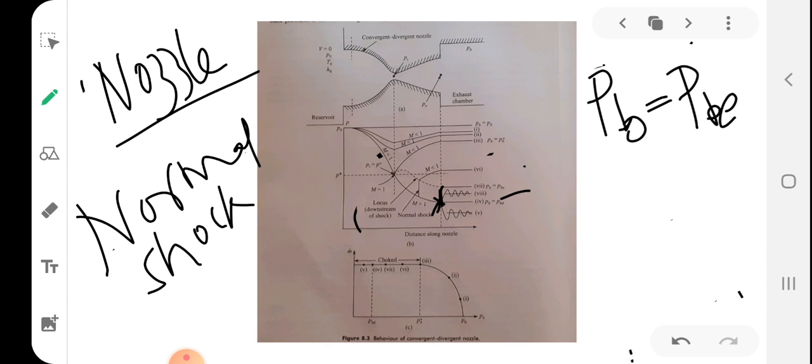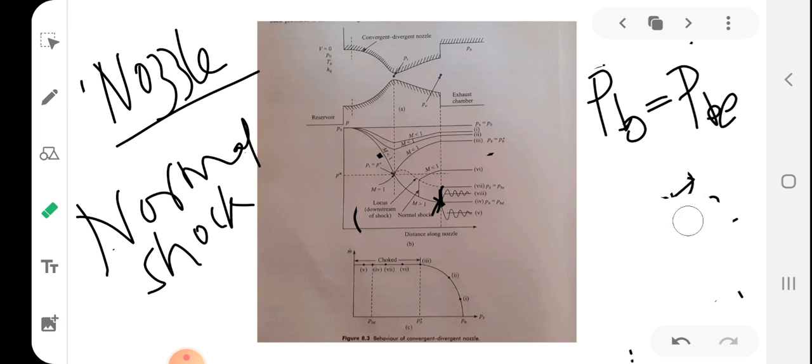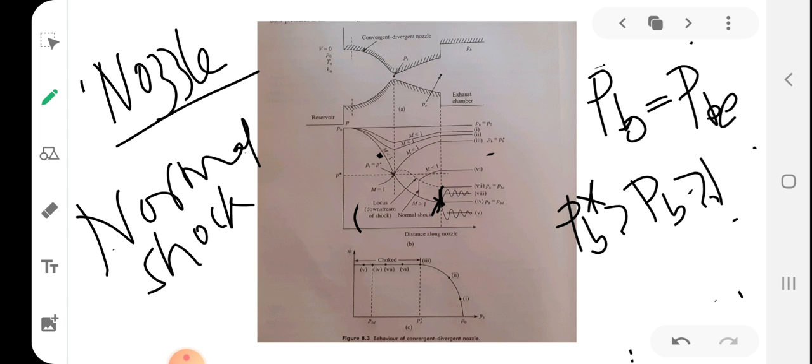Any PB greater than PBE, or I will put it better: PB star greater than PB greater than PBE.